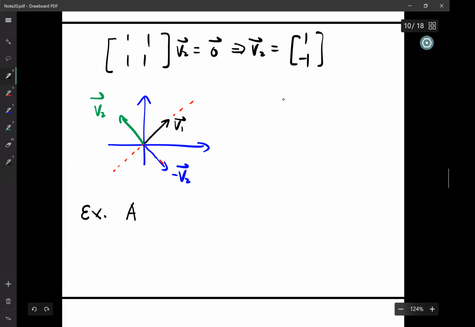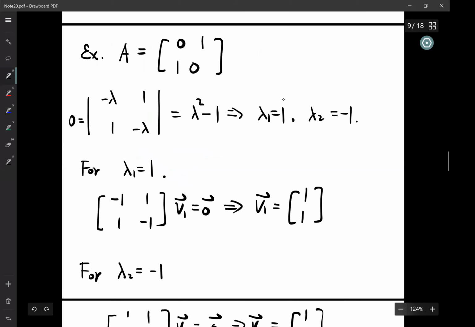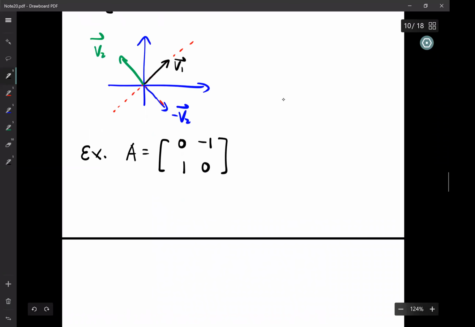So let's look at a very related example. This is 0, minus 1, 1, 0. Compared to the example before, I have only added a negative sign there. So what is this doing?